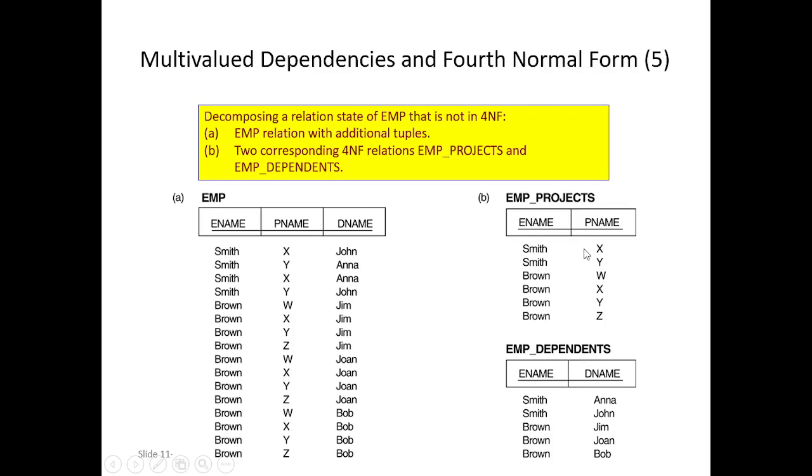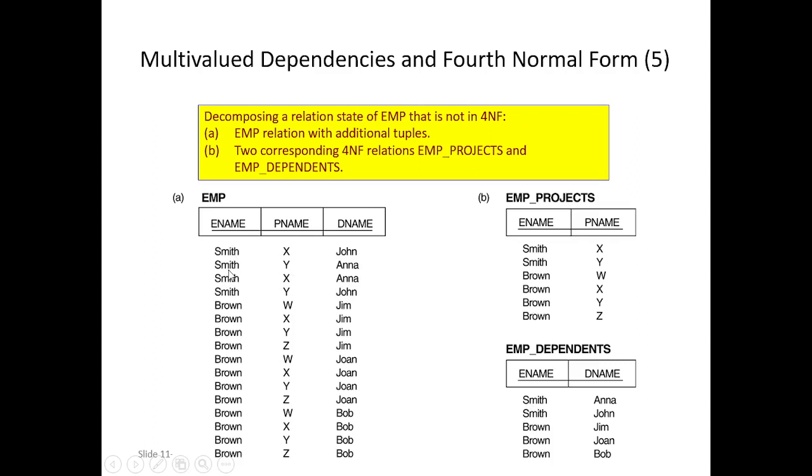So Smith with P name X, Smith with P name Y, and Brown with W, X, Y, and Z. Okay, only 6 entries here. And employee_dependents: there again, Smith has 2 dependents, Anna and John. Brown has Jim, Joanne, and Bob. Okay, so 3 dependents. So we have 6 plus 5 entries altogether.